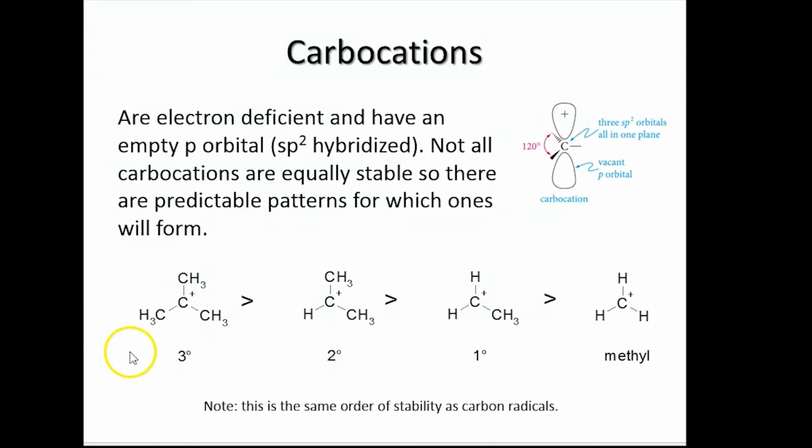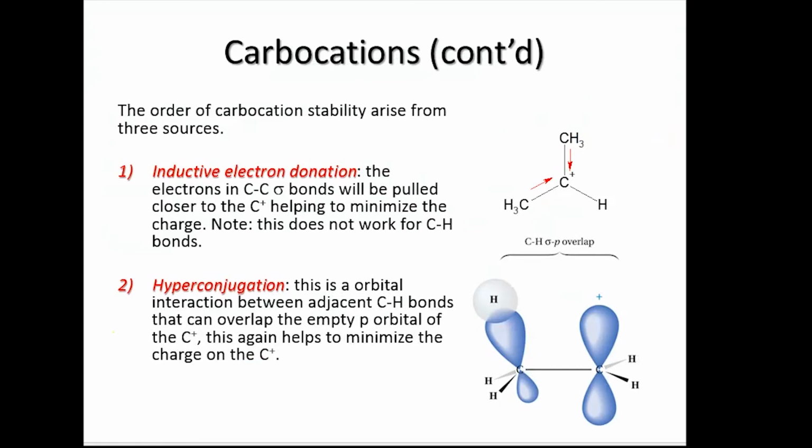Now, there are two modes which will stabilize a carbocation. The first is through inductive electron donation, and this occurs when you have methyl or other alkyl groups attached to the carbocation, as seen in number 1 here. In this case, we have two methyls donating electron density to that carbocation to stabilize it.